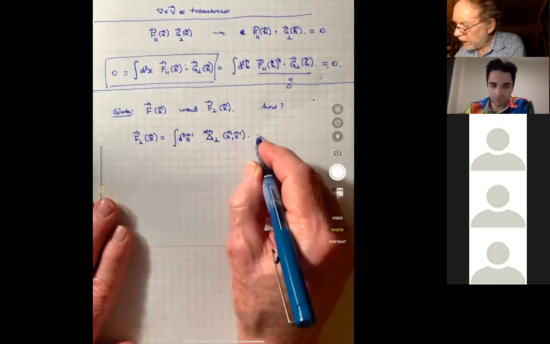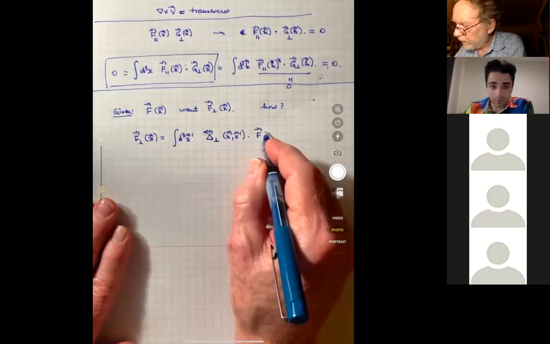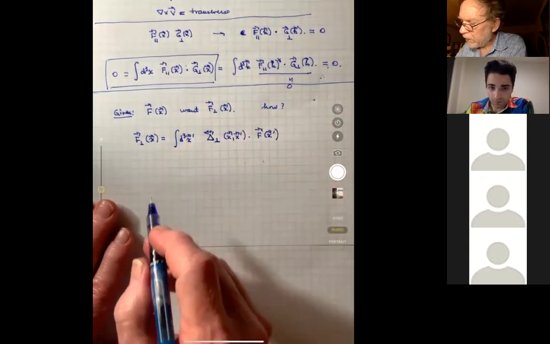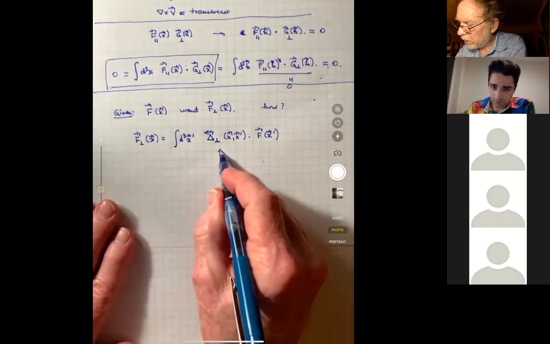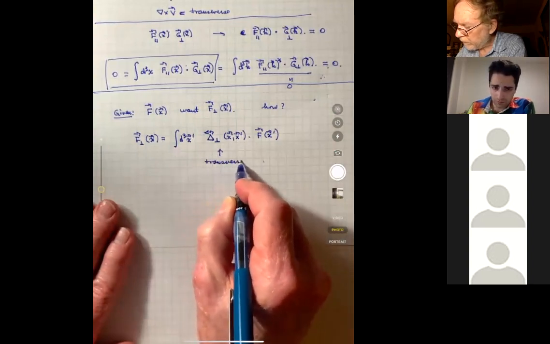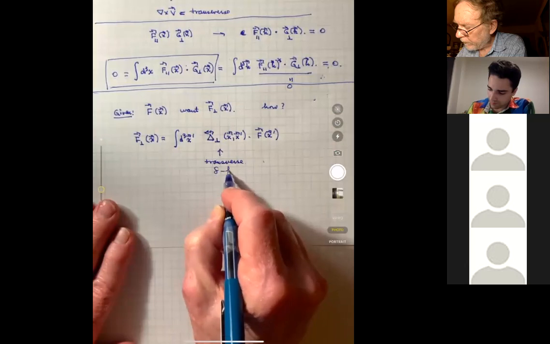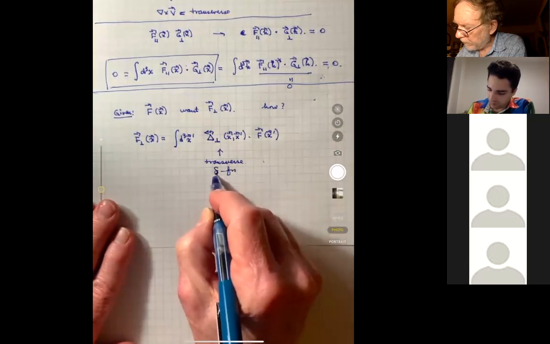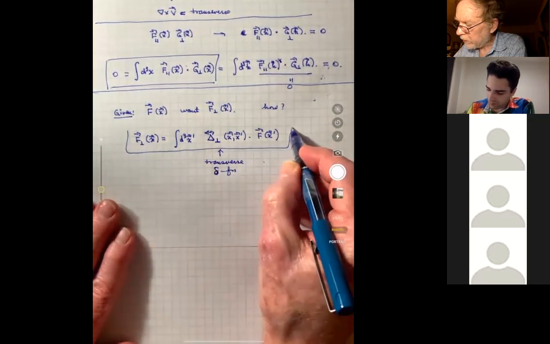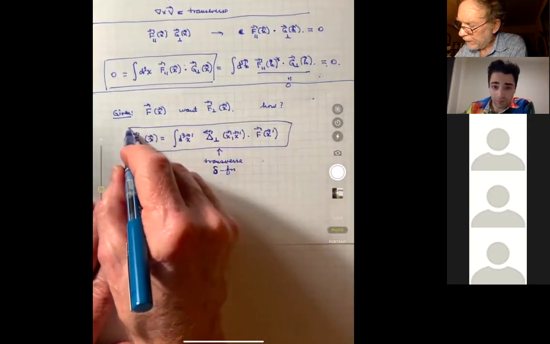And this tensor is dotted into f evaluated at x prime. So this is a definition of this kernel here, which is called the transverse delta function. And I call it capital delta because people like to call it a delta function. But anyway, other people have other notations for it, but this is it.